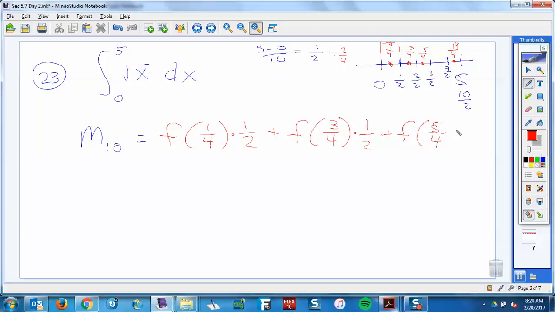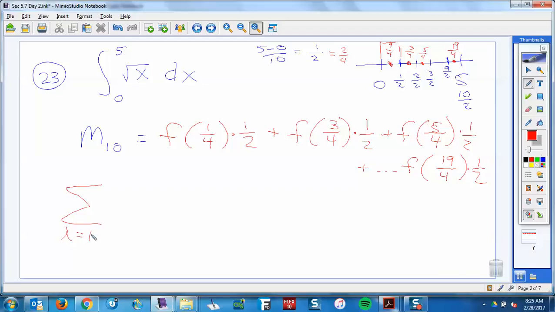With midpoints, I always tend to write a few more just so I can see the pattern. Plus dot, dot, dot, and the last one, you don't have to do the last one, but I always like to do the last one just to make sure when I do my formula that I can plug in that top number, and I can get that last one. It makes me feel good that I got it all like I needed.